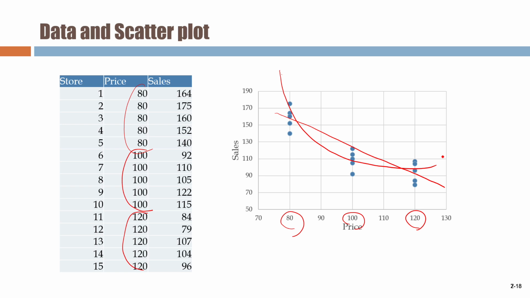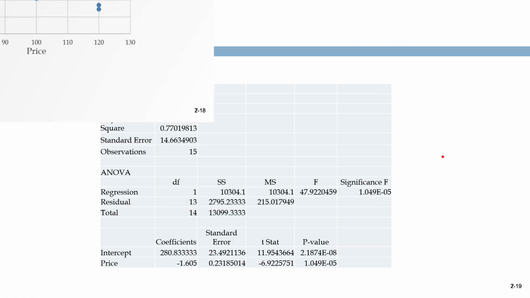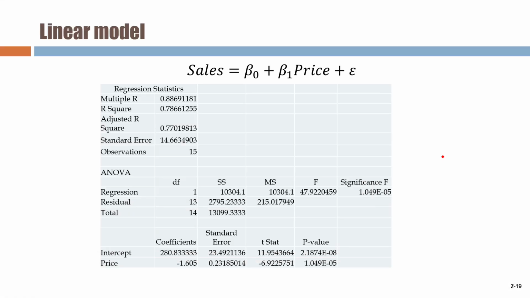Maybe this is not a linear relationship. This is more like a quadratic relationship. By looking at it, you can simply find out. You get an idea of trying x square, price square. If we use just a linear model, using only the price, the R square is like 88, which is pretty high.